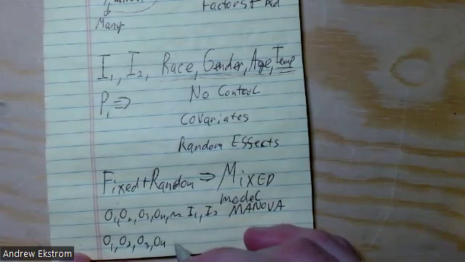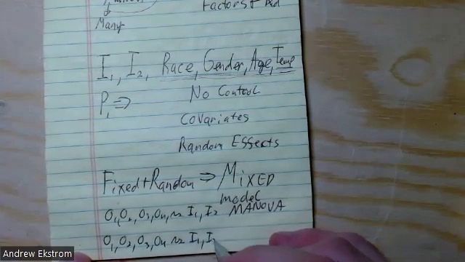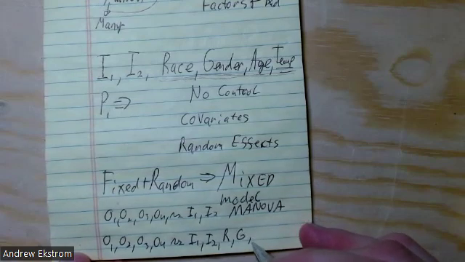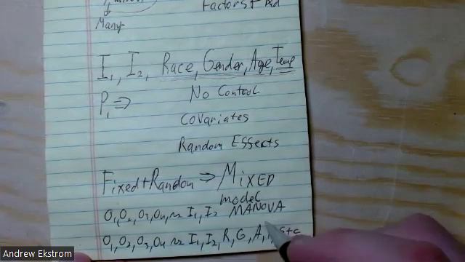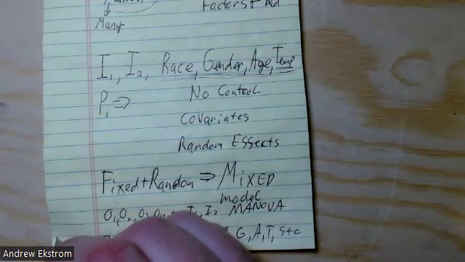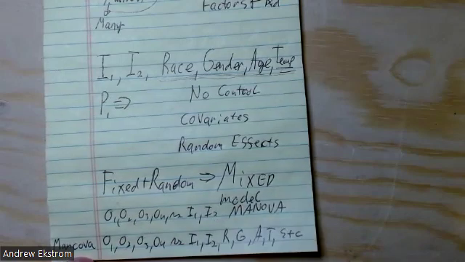On the other hand, if we're going to have O1, O2, O3, O4 versus I1, I2, then say race, gender, age, temp, etc. All of this together is something called MANCOVA.